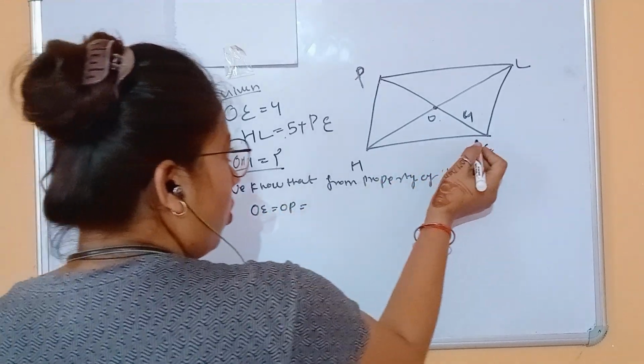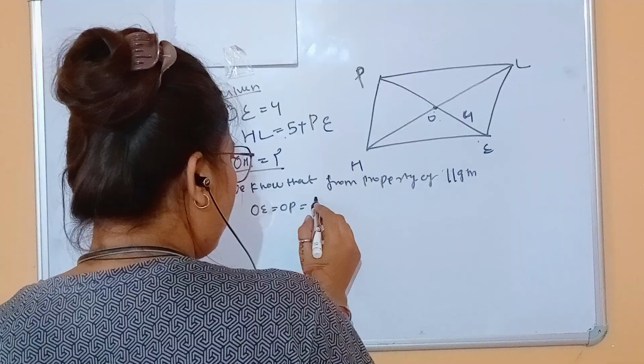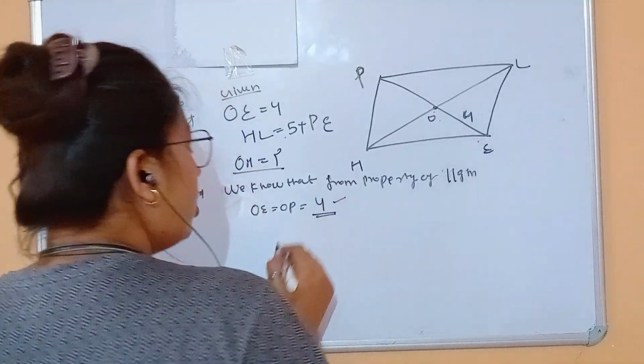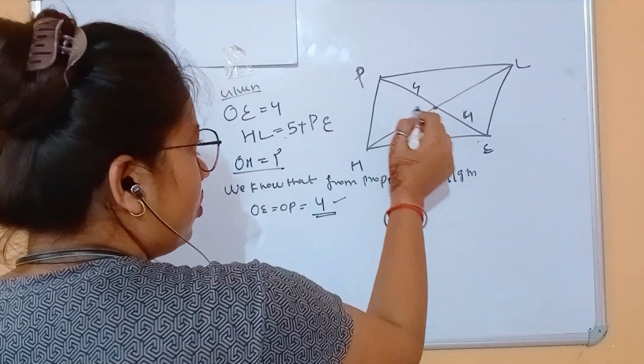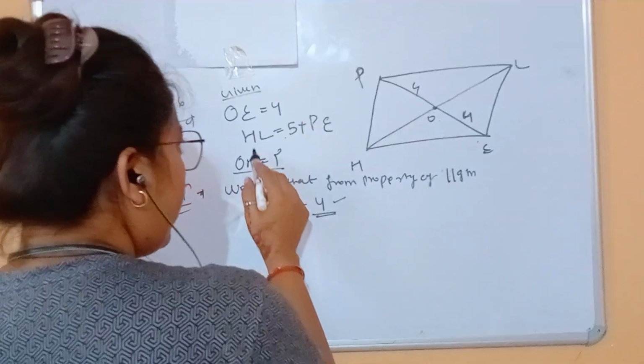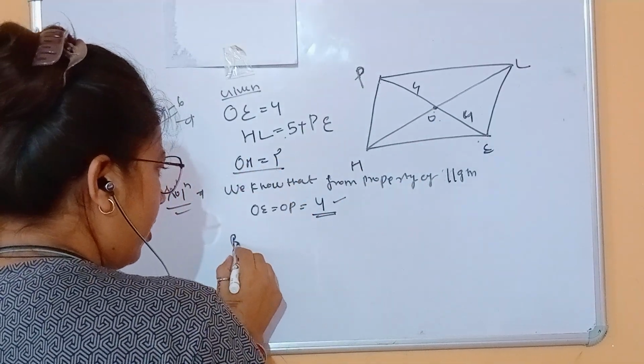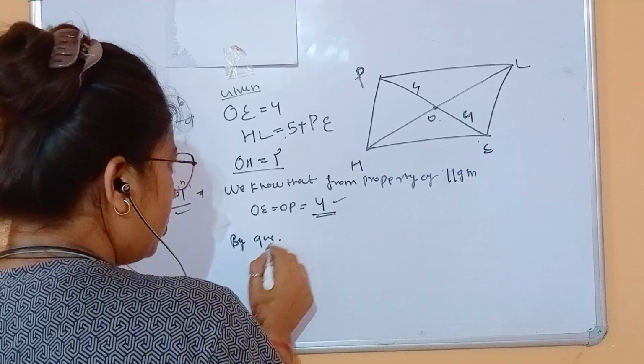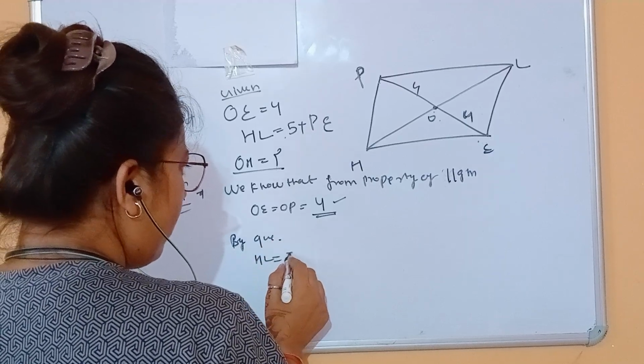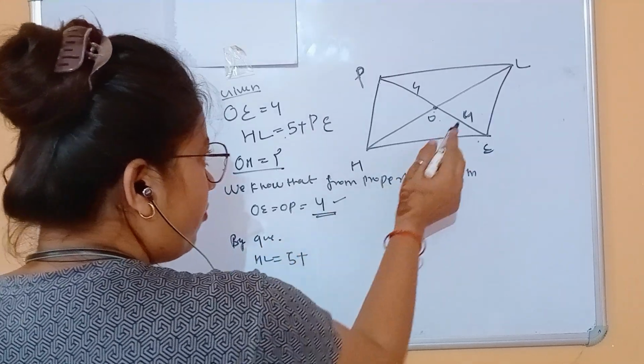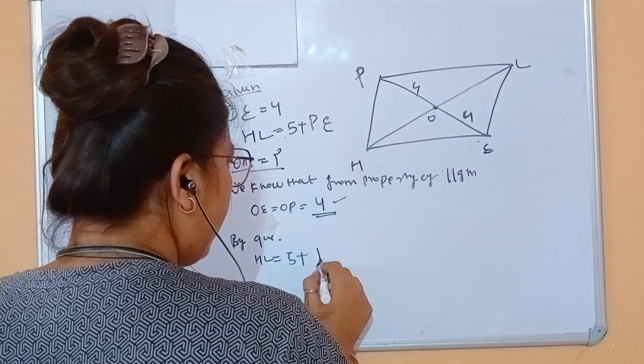So here OE is 4, OP also is 4. So 4 plus 4 is 8. So in the question, HL is equal to 5 plus PE.